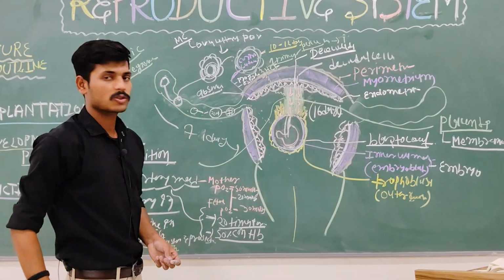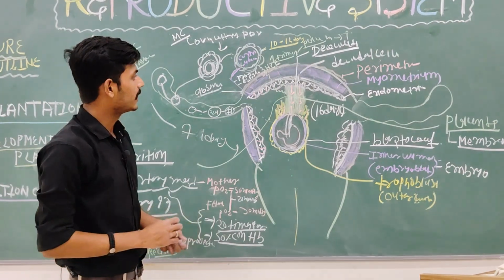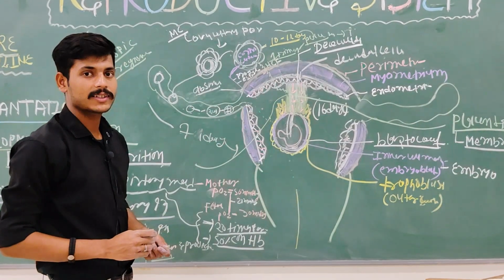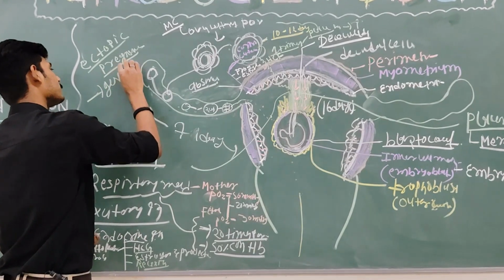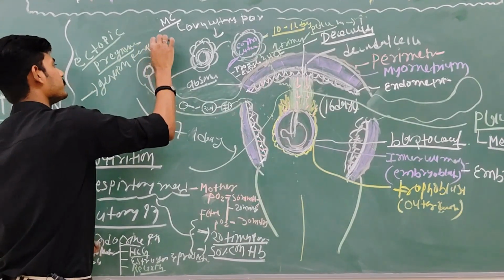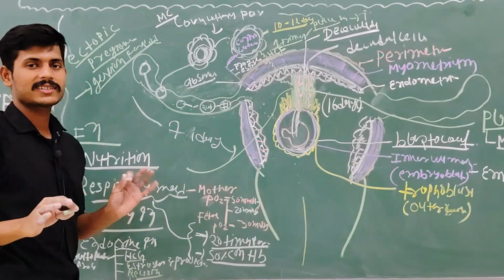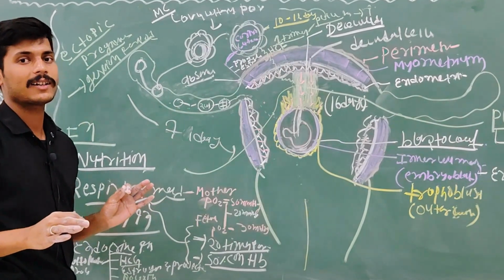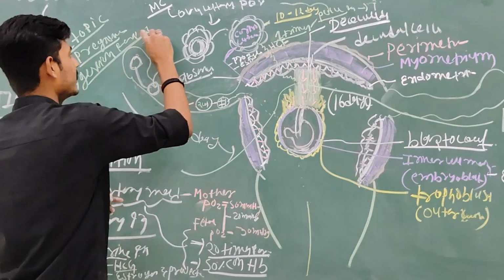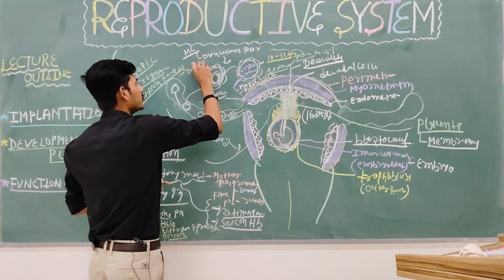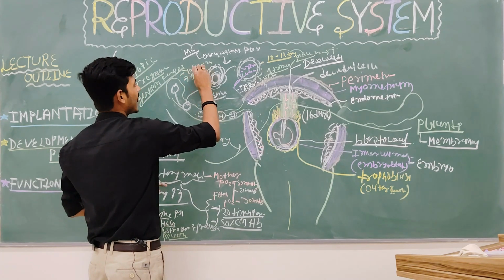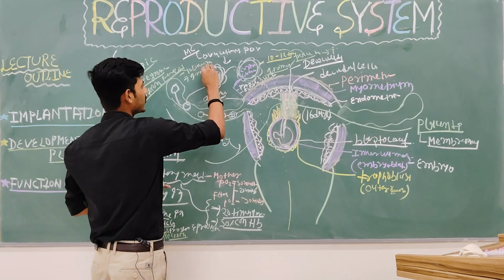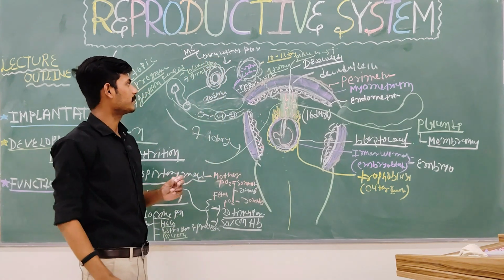We will have a detailed lecture on pregnancy later, but just understand, tell me the gestation period. Generally it's measured as 10 lunar months, but it's now estimated as 9 months, plus minus 7 days.